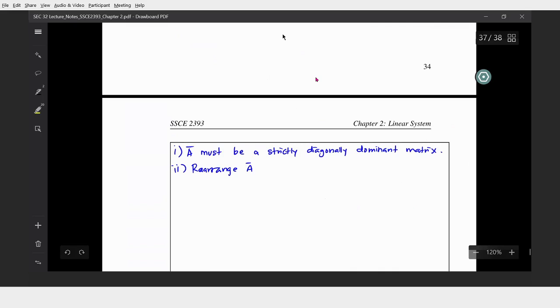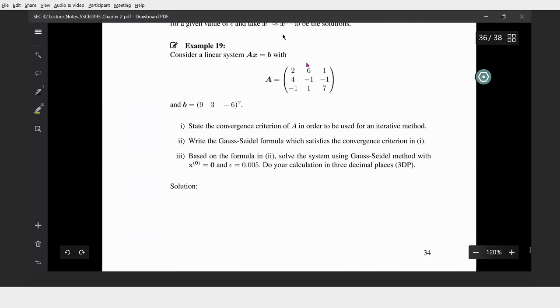So A equals, the first row becomes the second: 2, 6, 1. And you look at the first column, which element is the largest: 4, 4, -1, -1. So 4 is the greatest compared to the summation of 1 plus 1.